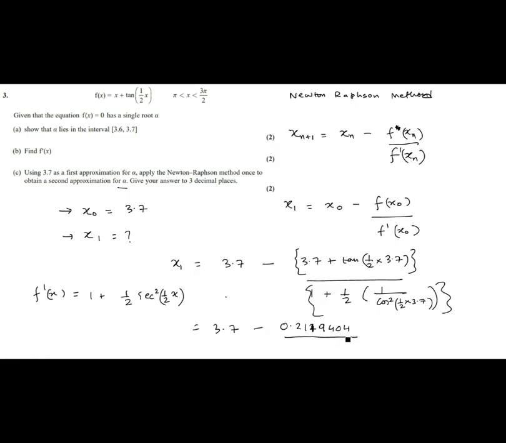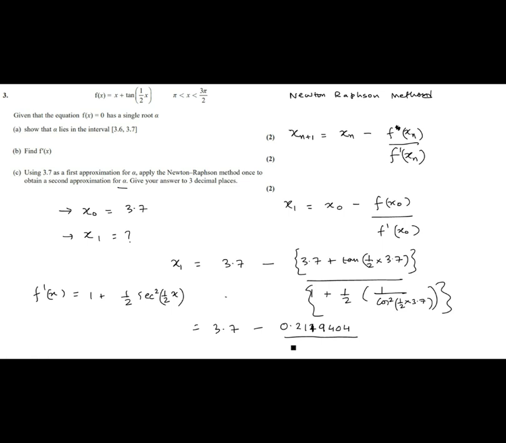And the denominator is 1 plus 0.5 times 1 divided by cos of 3.7 divided by 2, and then I close the bracket. I put another bracket here, 1 divided by cos, square it.